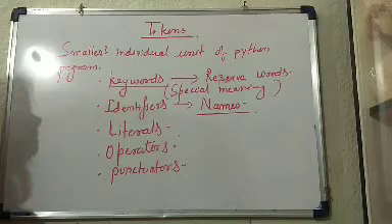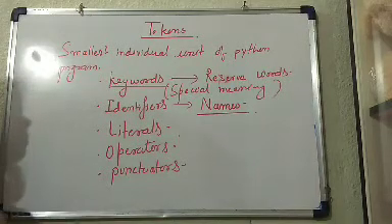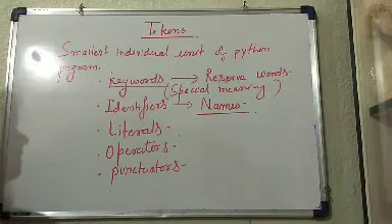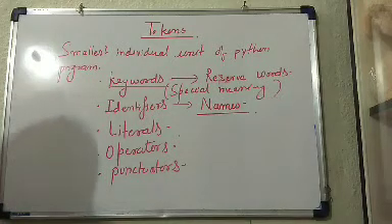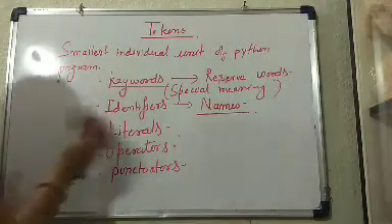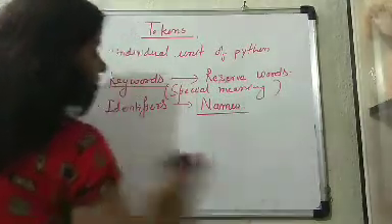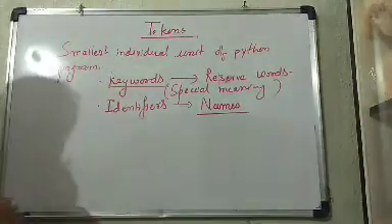So in the Python language, identifiers are those which are given a name by the user, meaning by the developer. Clear?